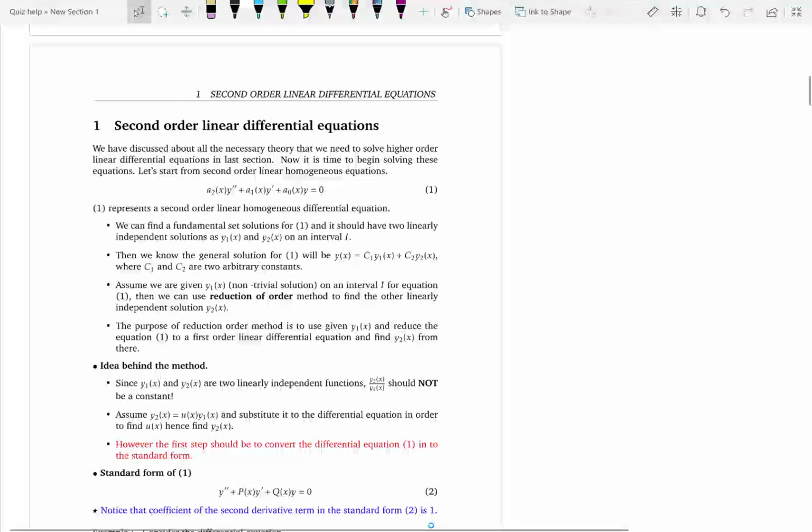Okay, hello everyone. In the last section, we discussed what the solution should look like for a higher order differential equation, and our general approach towards solving a higher order linear homogeneous differential equation. Then we discussed non-homogeneity too. So, what was the main thing?